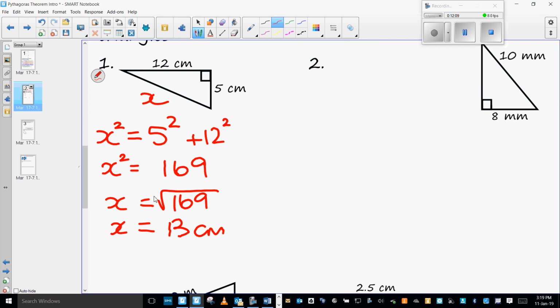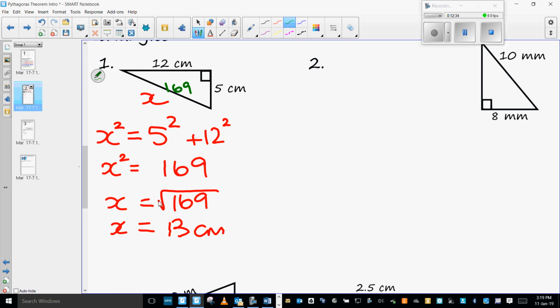Now, it's really, really important because sometimes when you're in a test, people get confused and they forget to do stuff. And I've seen before that people said, right, okay, x here, that's 169. Does that look sensible?